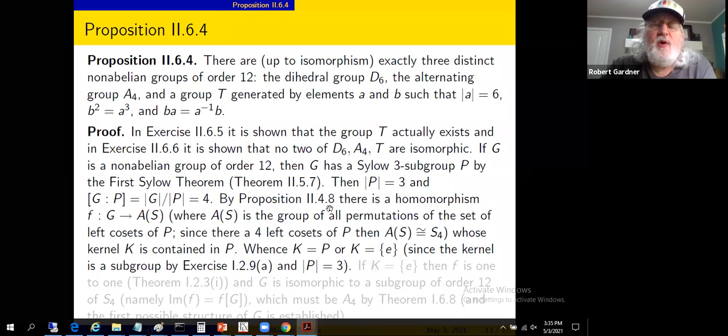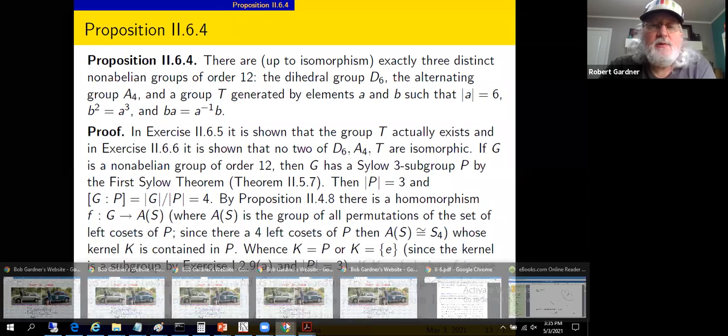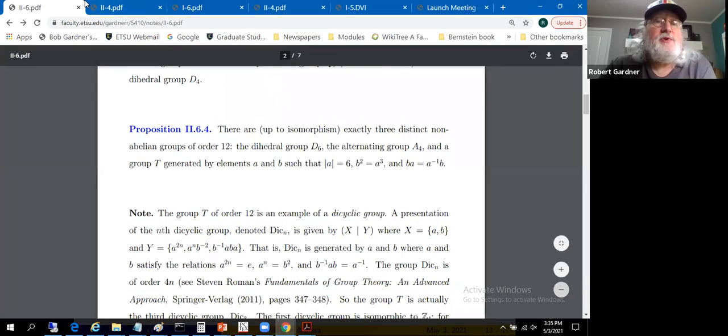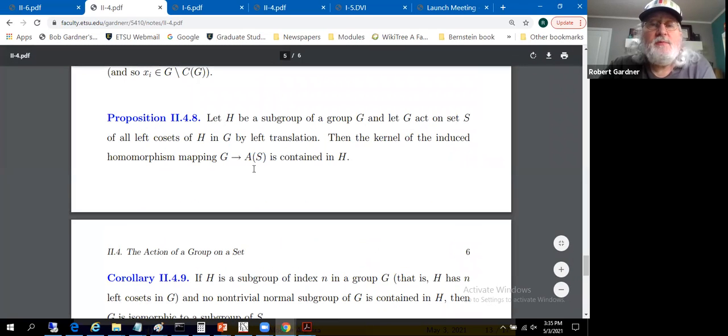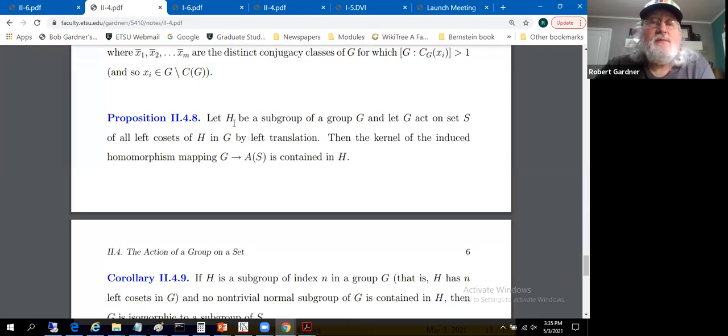By proposition 2.4.8, we know of the existence of a homomorphism F between the group G and A(S). A(S) is the group of all permutations of the set of left cosets of P. Let's take a peek at proposition 2.4.8. It says, let H be a subgroup of a group G. Let G act on the set S of all left cosets of H in G by left translation.